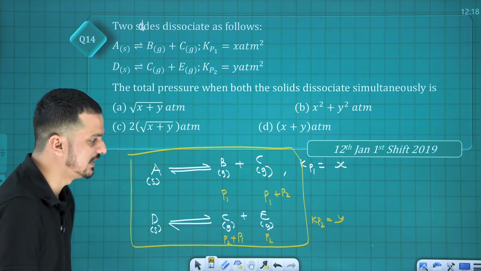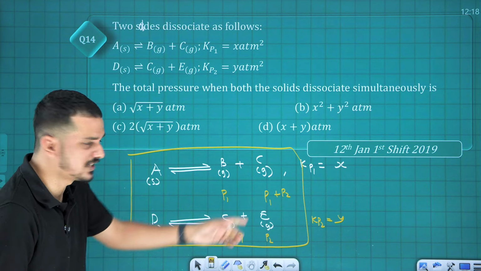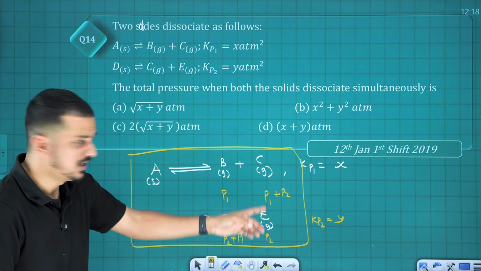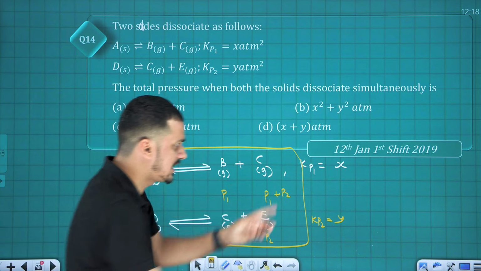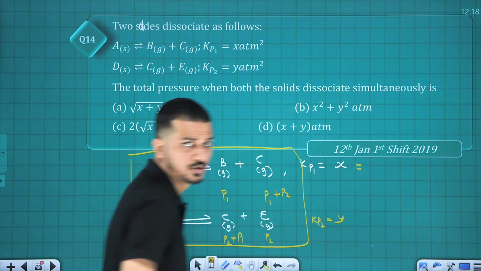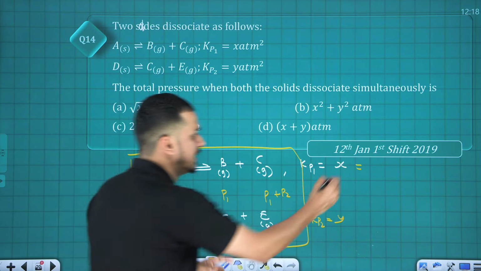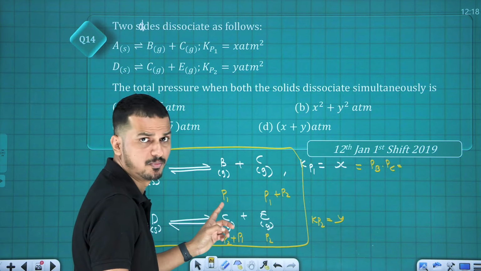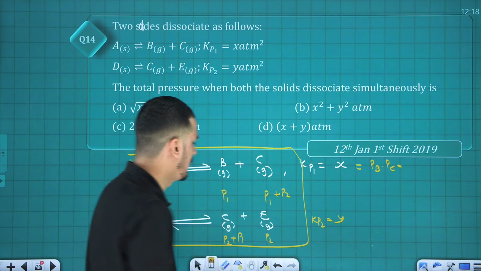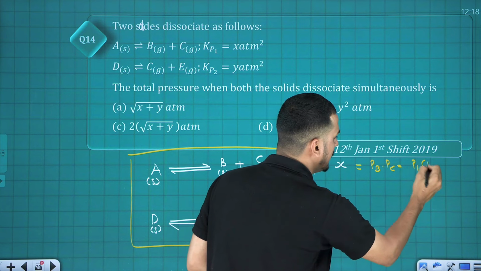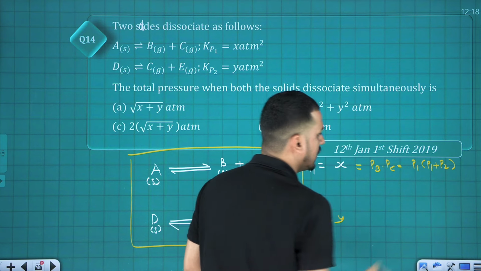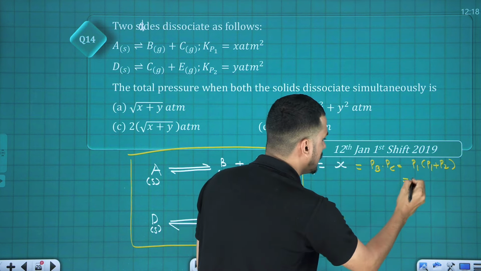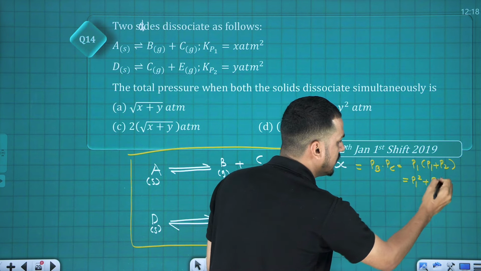Now how can I relate them, dears? Kp1, X, equals partial pressure of B into partial pressure of C. Partial pressure of B is P1, into P1 plus P2, that is P1 square plus P1 P2.